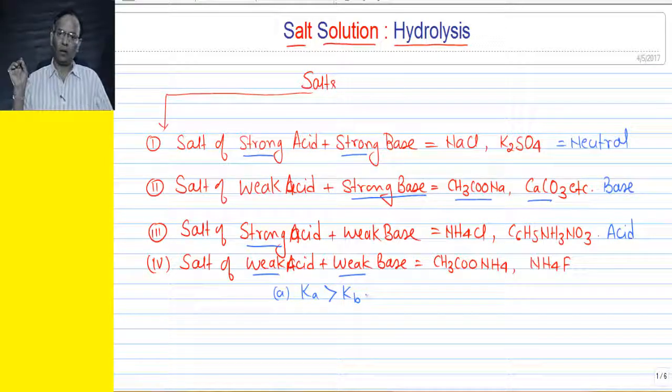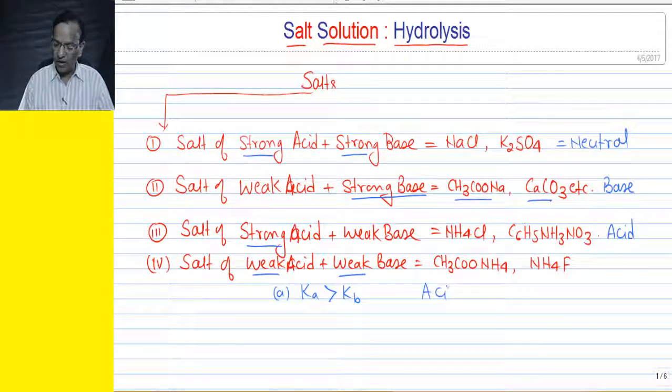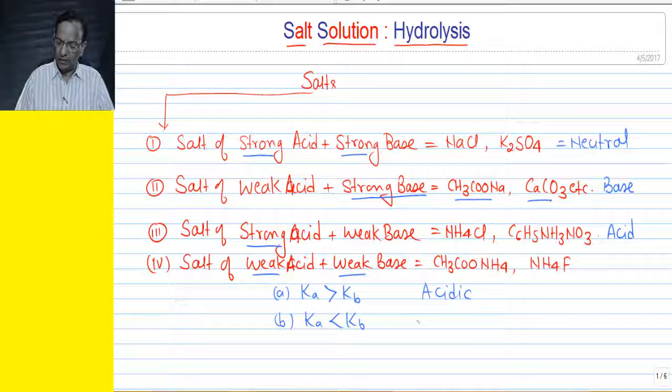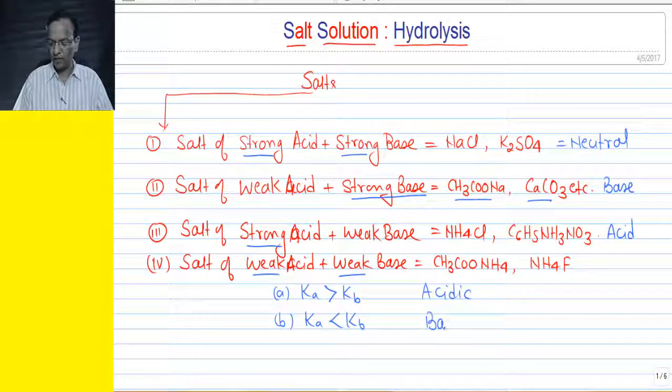In that case, acid is slightly stronger than base and therefore the solution will be acidic. But if Ka is less than Kb, base is slightly stronger than acid and therefore the solution will be basic. So that is the way we qualitatively predict the nature of salt solution.